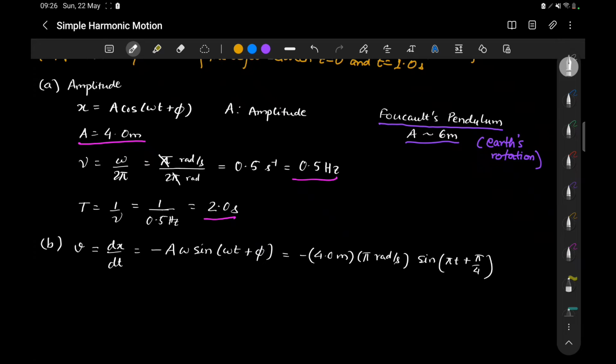So this is our velocity as a function of time. Then acceleration is the rate of change of velocity.